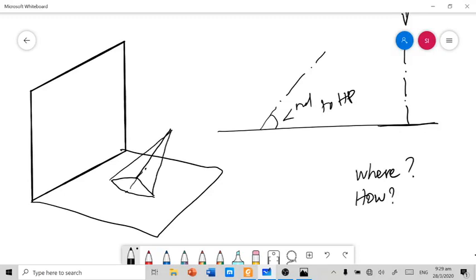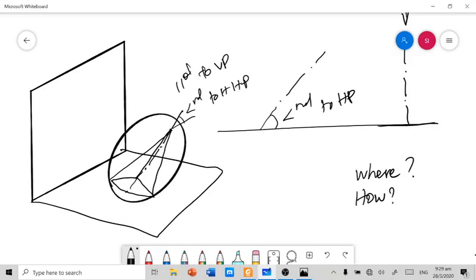So the axis is only inclined to HP and parallel to VP. We need to make this solid straight. When you make it straight, automatically the axis will become perpendicular to HP.